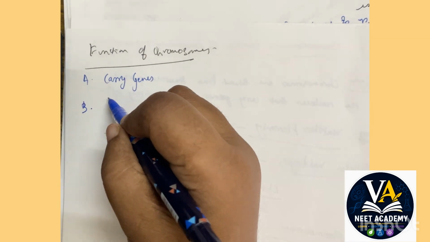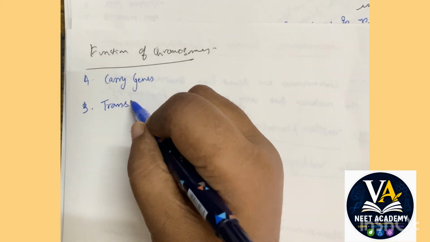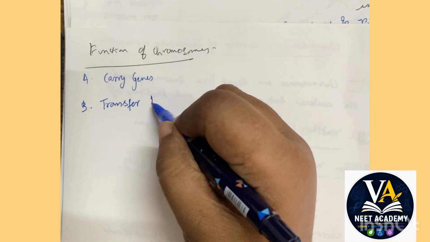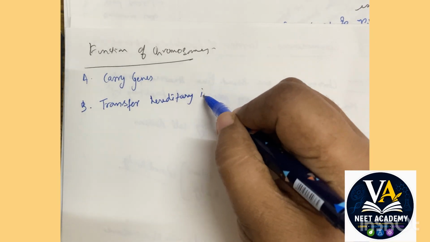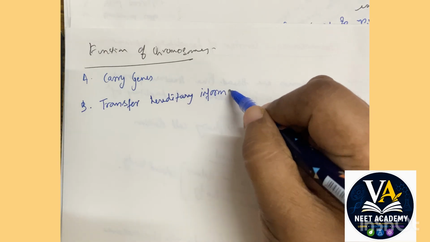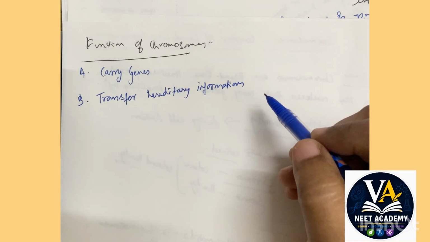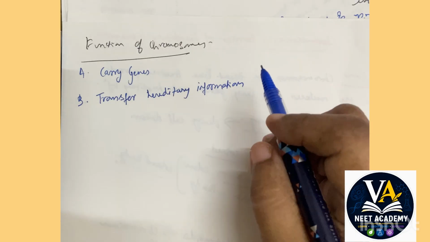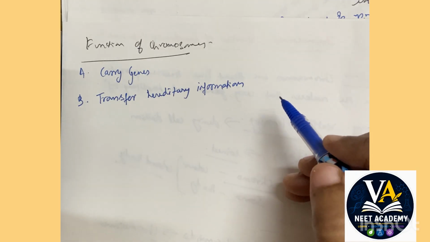So, the second function is transfer of genetic, or else you can say transfer of hereditary information. Hereditary characters from one generation to another. So, it passes on the traits from one generation to another. How does it do that?